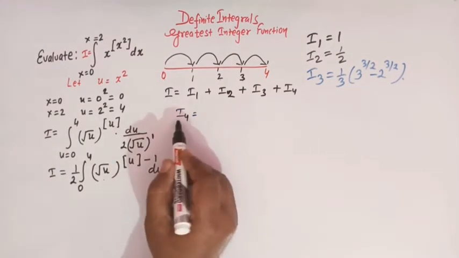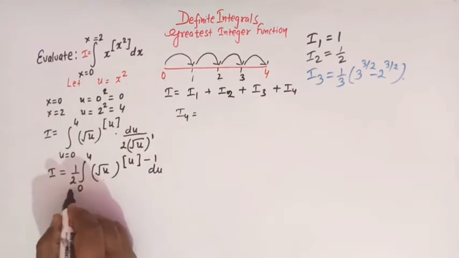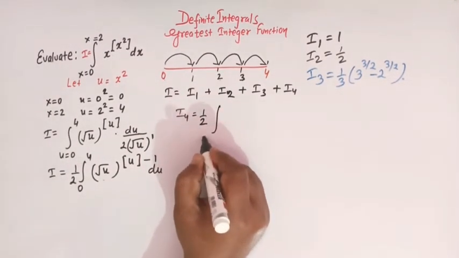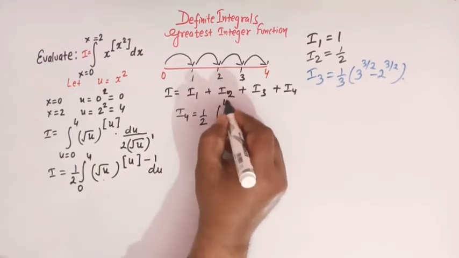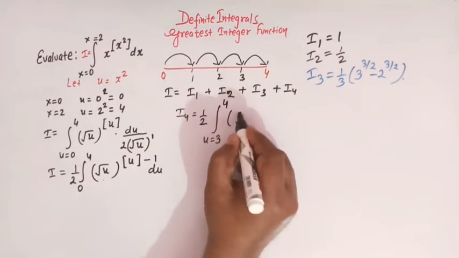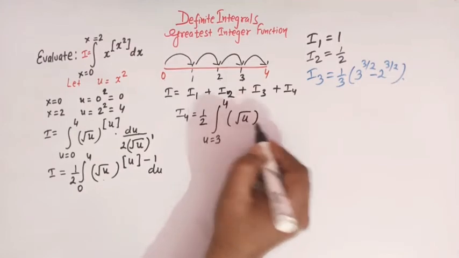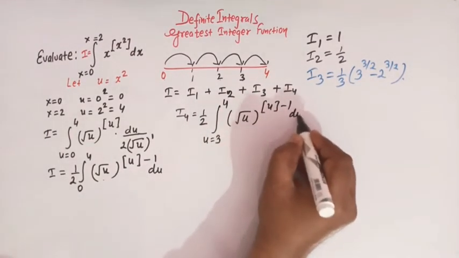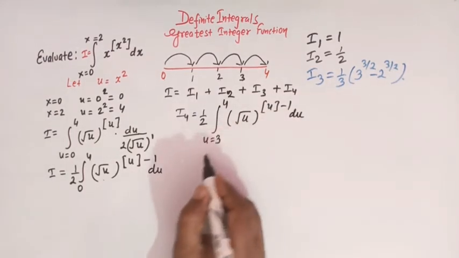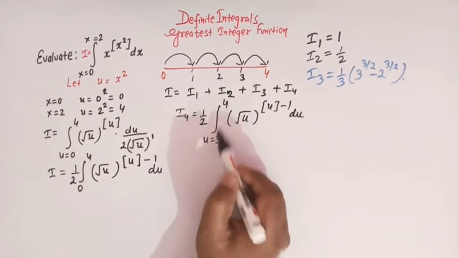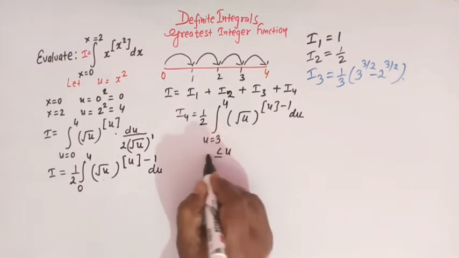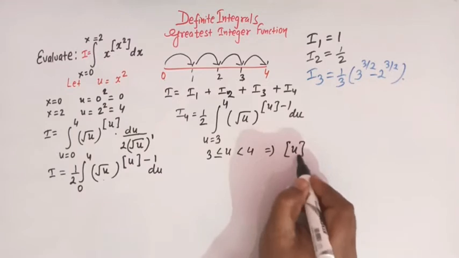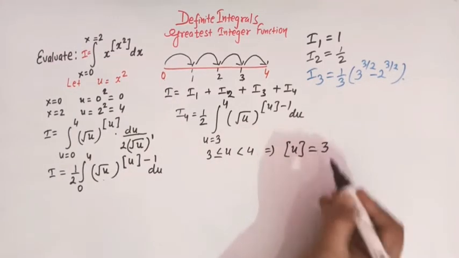Now viewers, I4 varies from 3 to 4, so we have half, and we have u is equal to 3 to 4, and here we have square root of u raised to greatest integer u minus 1 du, right? And here u varies from 3 to 4, so now we have the value of greatest integer u is equal to 3, right?